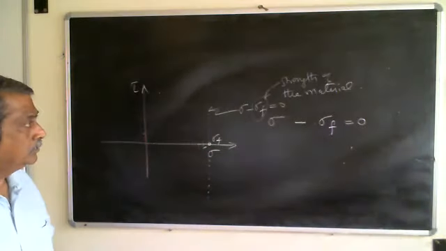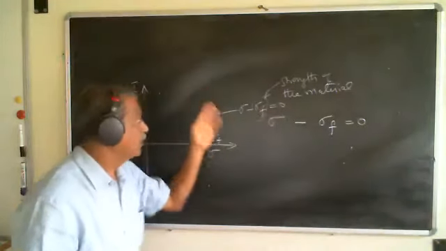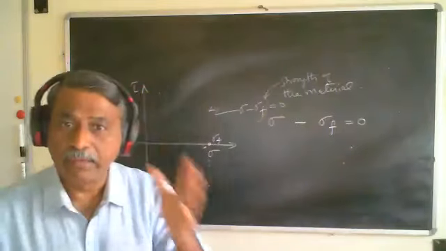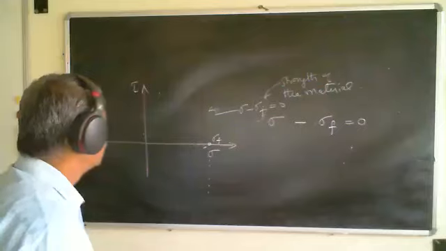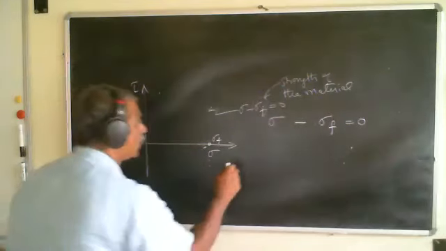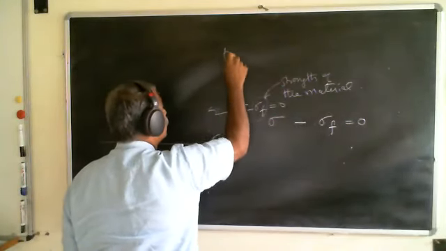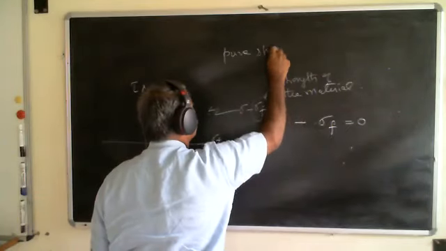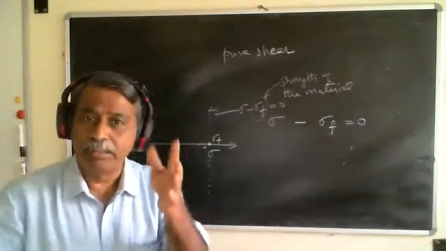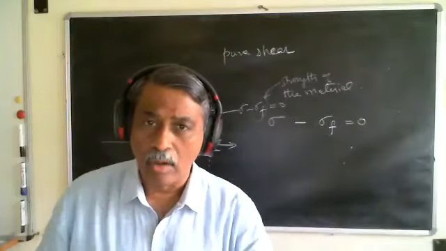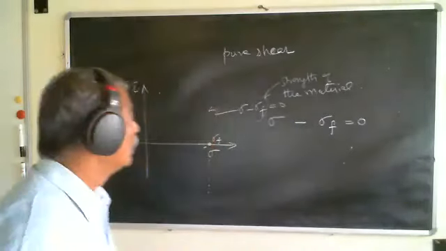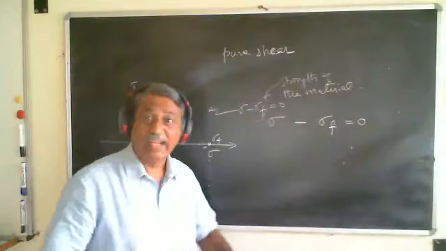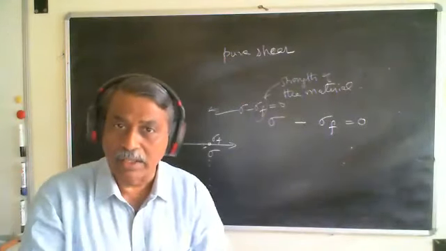But not all materials fail in this way. Some of them we can use a pair of scissors, in which case we are applying a pure shear to the piece of paper or metal or whatever, in order to get it to fail or to cut the material.